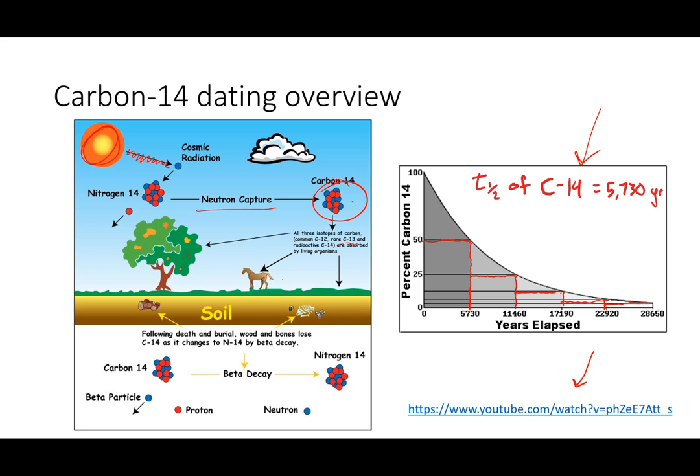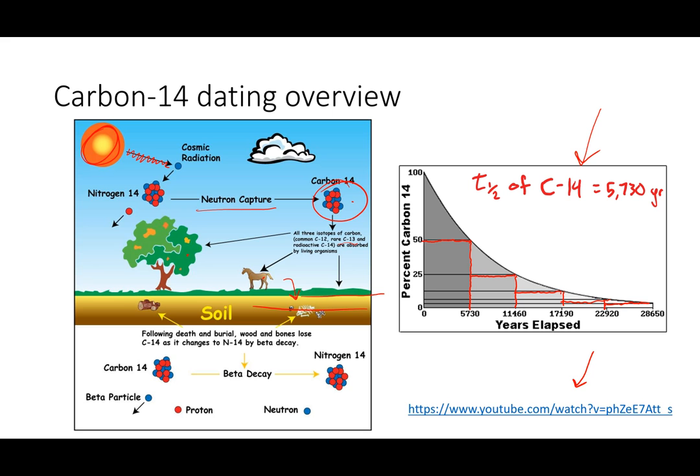When these organisms die, they stop absorbing carbon and they are preserved within the soil. And that ratio of carbon-12 to carbon-14 at the point of their death is the same.